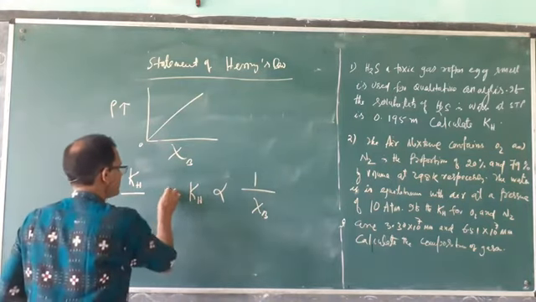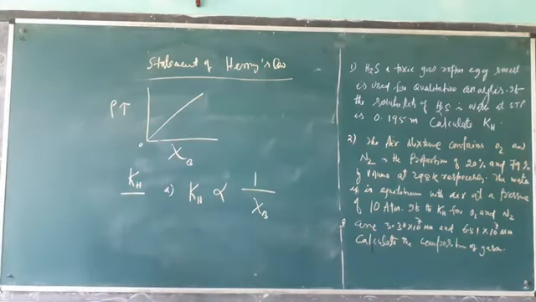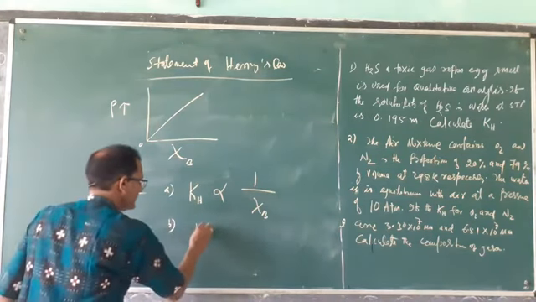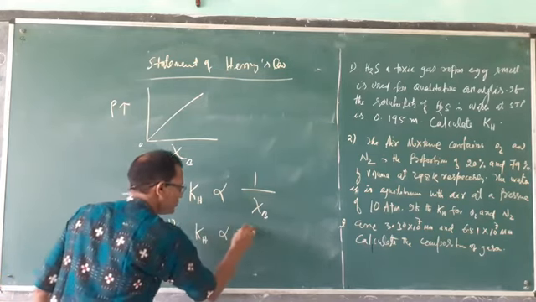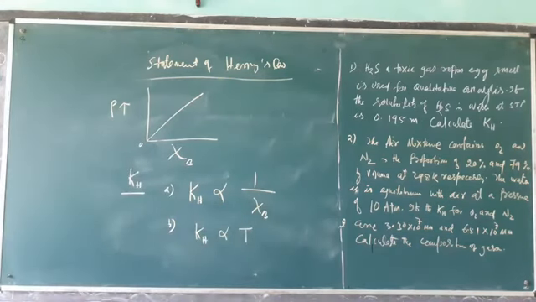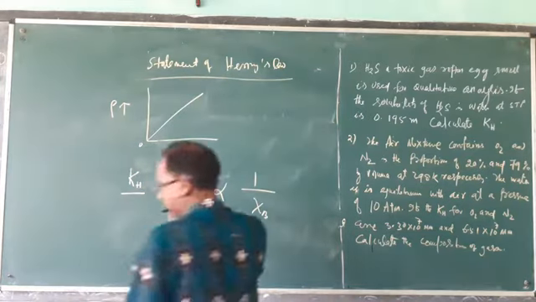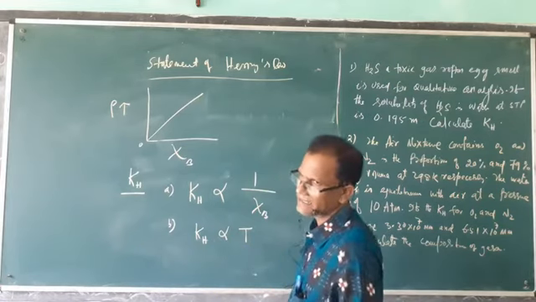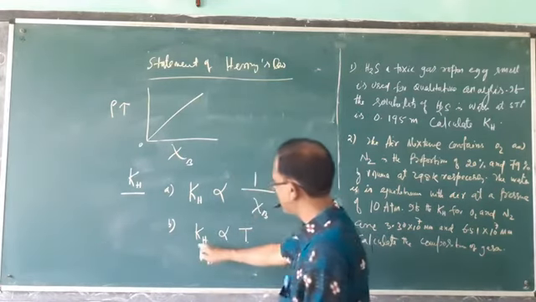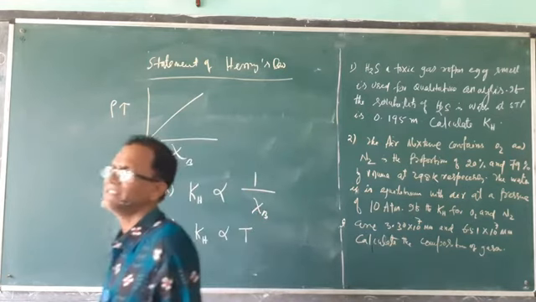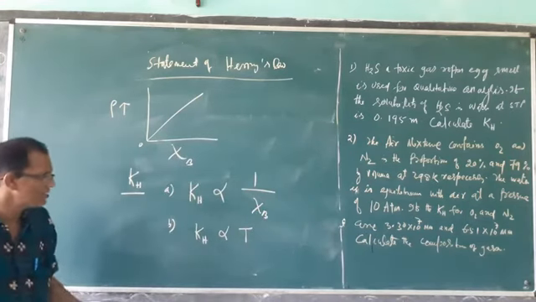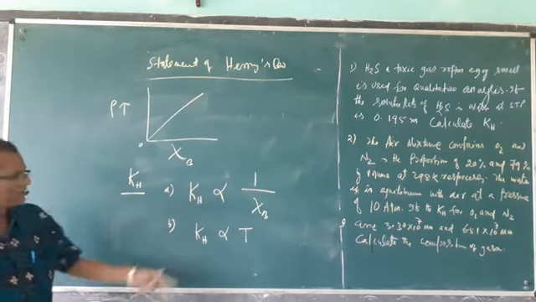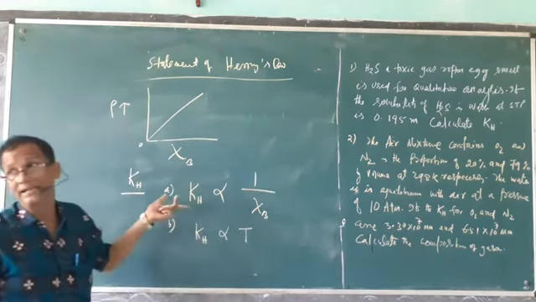This is the first characteristic of KH. Second, KH is directly proportional to T. What is T? Temperature. Take a particular gas, say hydrogen gas. If temperature increases, the KH value also changes. How will it change? If temperature increases, KH will increase. But solubility is more means KH is less.